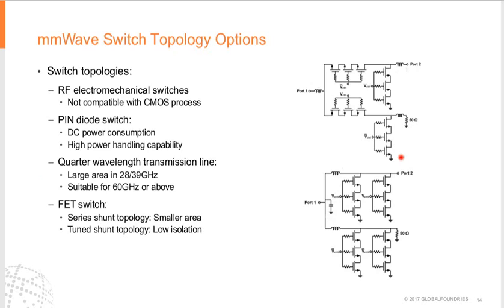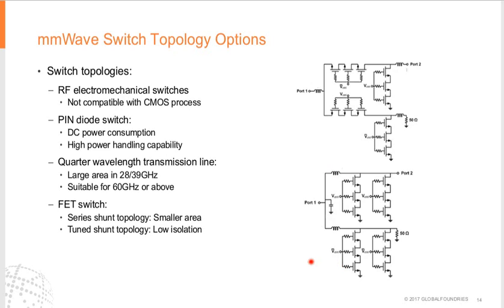Like the first one, the top plot in this figure, this is a series-shunt topology. It occupies a very small area. Based on our design, the area is only about 30 micron times about 100 micron. And this one is called the tuned shunt topology. We replaced the series shunt with an inductor. The disadvantage of this one is low isolation.